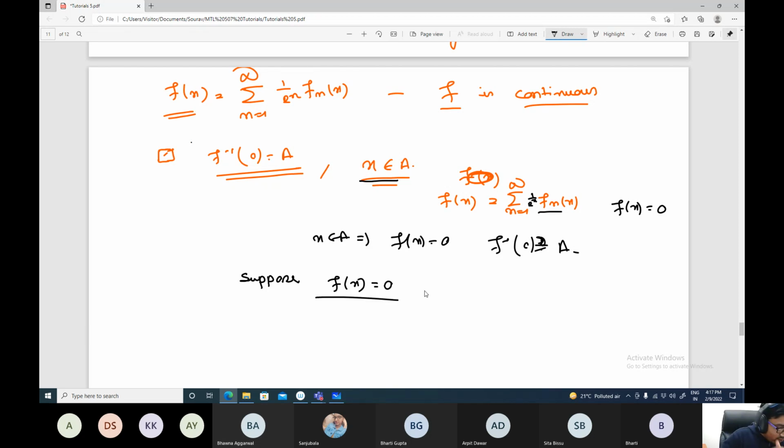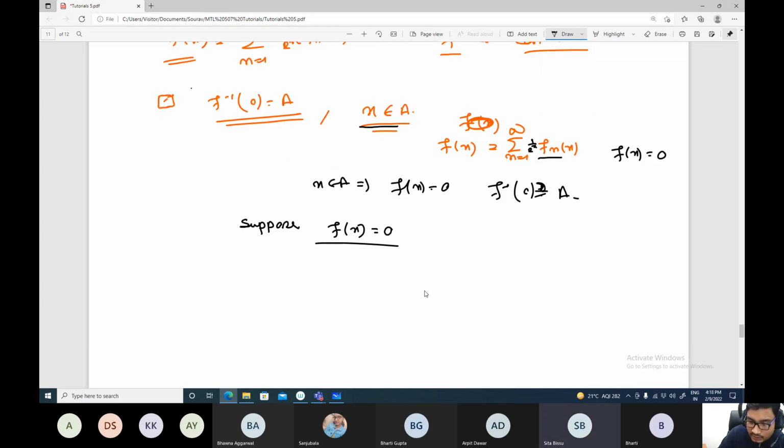Now f(x) equal to 0, what does it mean? The summation of fn(x) times 1/2^n, n equal to 1 to infinity, is 0, right? This summation.